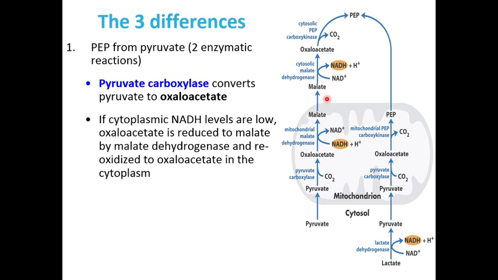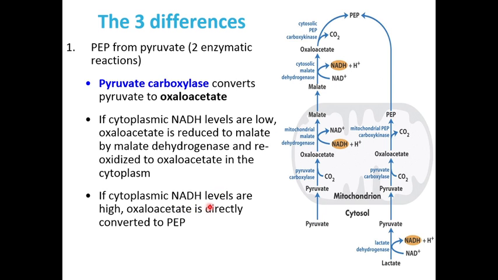This malate then goes outside the mitochondrion to the cytoplasmic side, where it gets converted to oxaloacetate by cytosolic malate dehydrogenase. And as a result, NADH is produced.